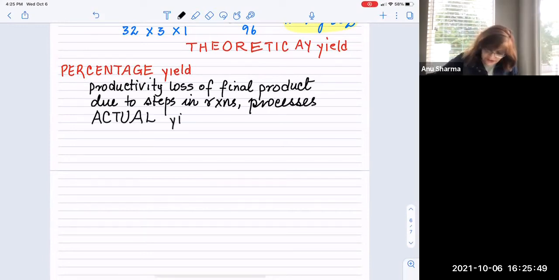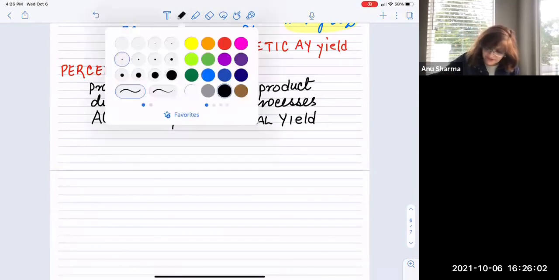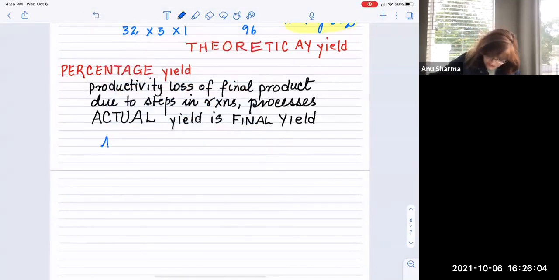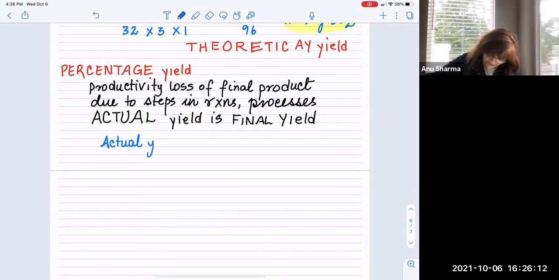So actual yield is the final yield, and this final yield is always going to be lesser than the theoretical yield. Actual yield technically is always going to be less than the theoretical yield.